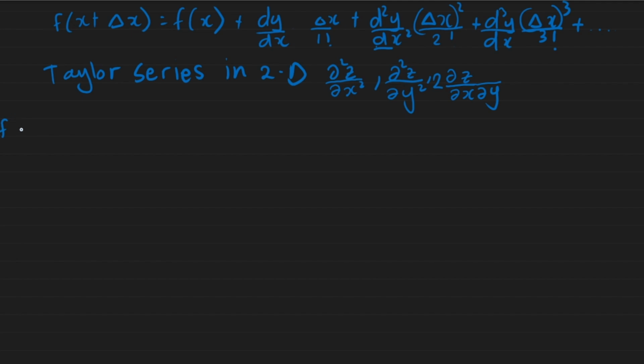So instead of just x plus delta x, we would have x plus delta x and y plus delta y, and this is equal to f at xy, since there's two variables.